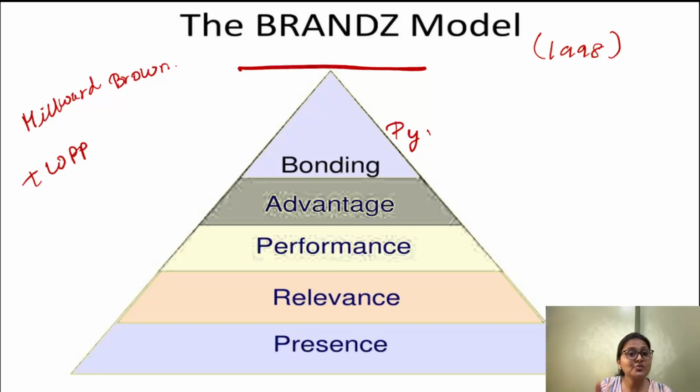That can be understood through this model. As customers move up the pyramid, brand loyalty and strength gradually keep on increasing, as the customer goes from one stage to the upper stage.